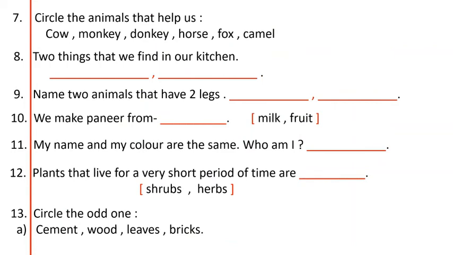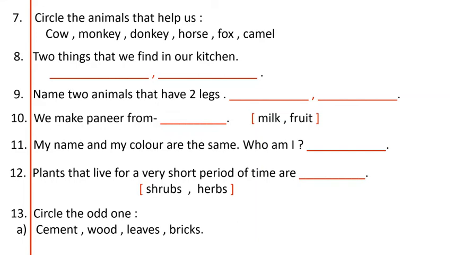Next, seventh question. Circle the animals that help us. The options are cow, monkey, donkey, horse, fox, camel. Think, children.